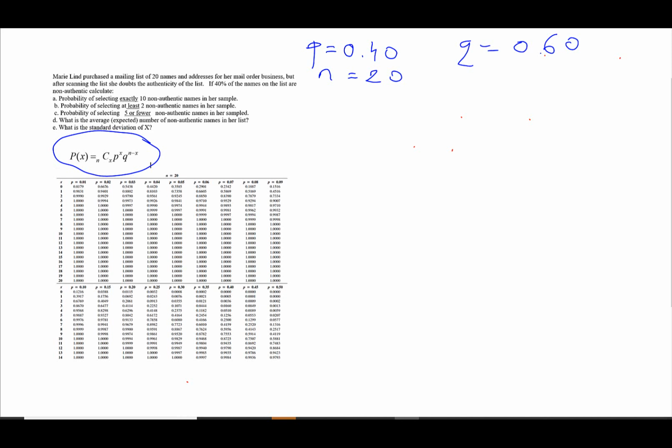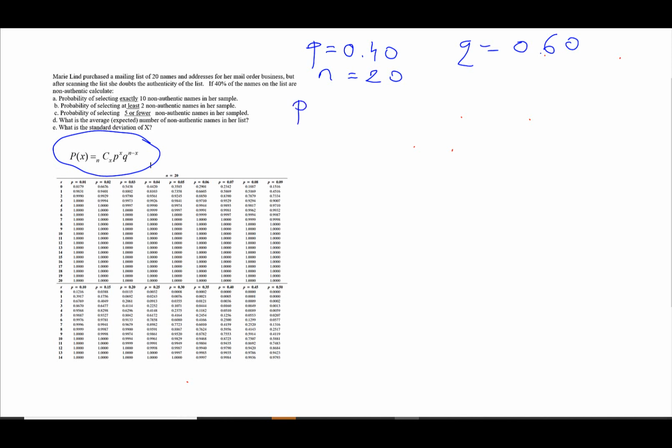It's n minus x because if we have x times a success out of n trials, we have n minus x failures.